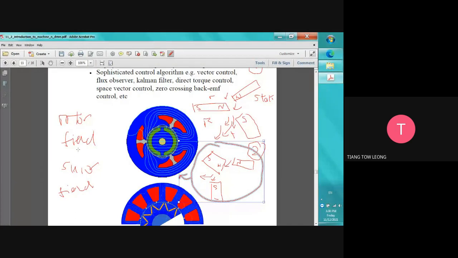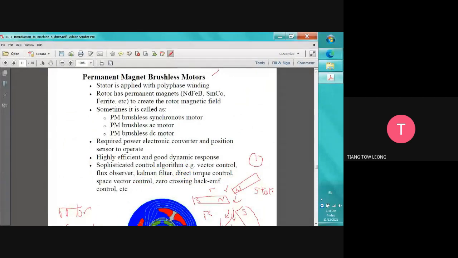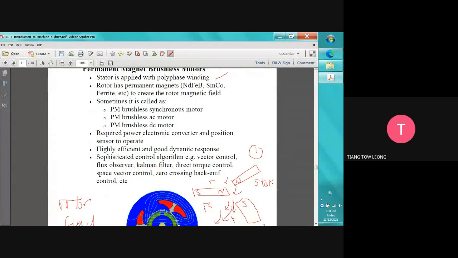The stator field comes from the stator part, and the stator winding is called the armature winding. For the permanent magnet motor, the stator is applied with polyphase winding. The stator can be one phase, two phase, or three phase. The rotor has a permanent magnet, such as neodymium iron boron, strontium cobalt, or ferrite, to create a rotor magnetic field.